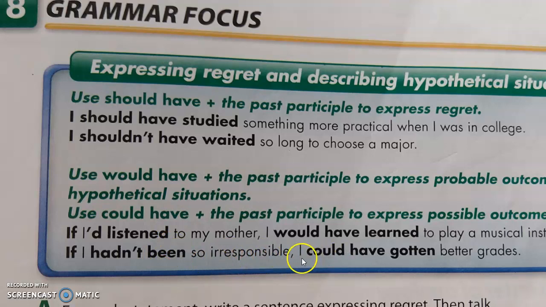On the outcome or the result, we use could have with past participle, forget, could have gotten. So what this sentence means is, I was irresponsible, so I didn't get better grades. Okay, so remember, this is untrue.